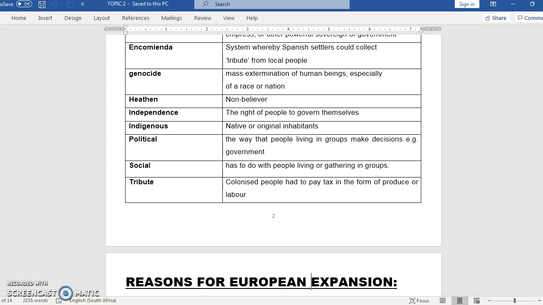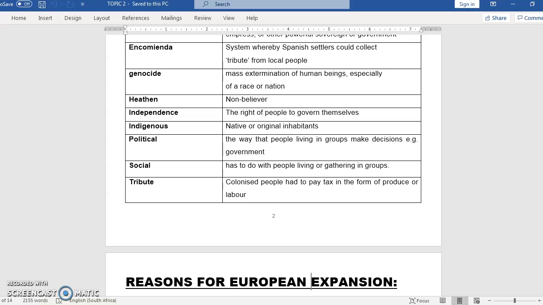Then once again, the word political is a historical term that you need to know. It's going to come in grade 11 and in grade 12. Political means the way that people living in groups make decisions. For example, it's got to do with government. How do people agree to run the country? That would be your political causes.